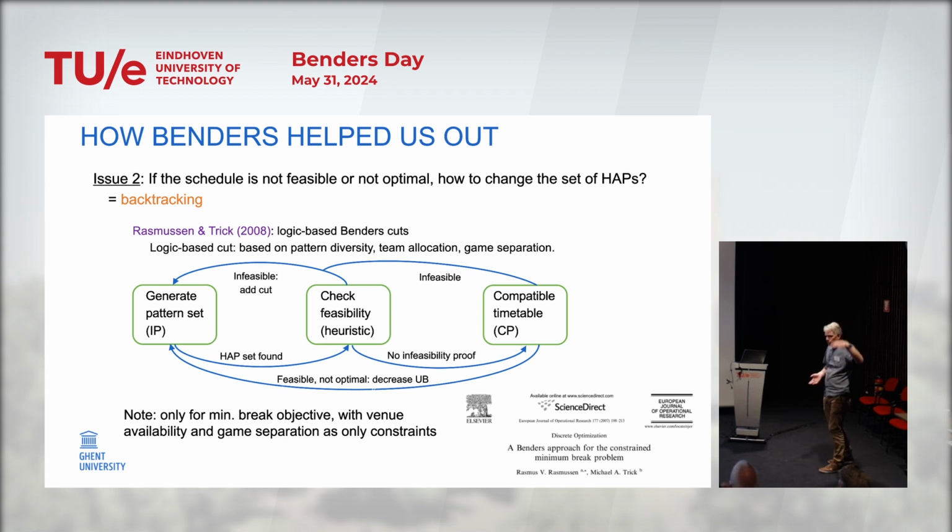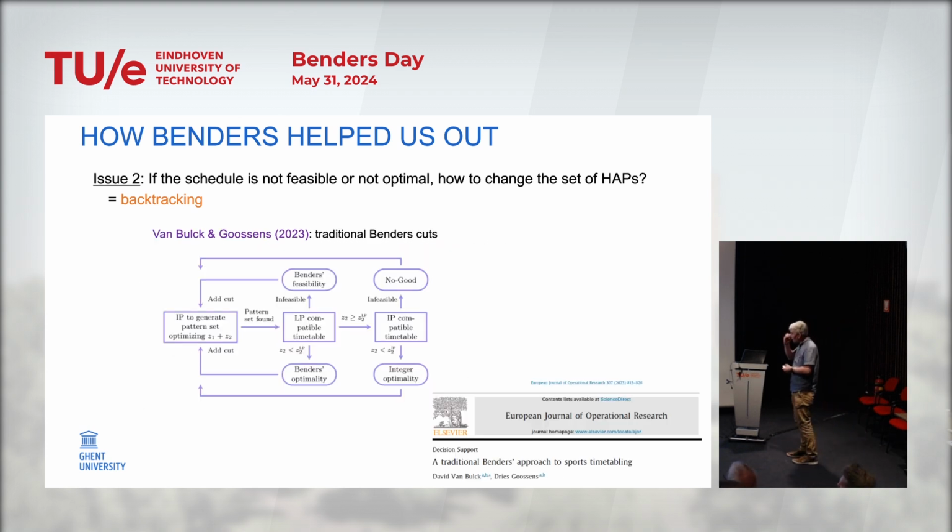And you remember that there is this long list of constraint types in sports scheduling. But it's a very nice first step. Together with David, recently we developed a more traditional Benders cuts formulation for this problem.